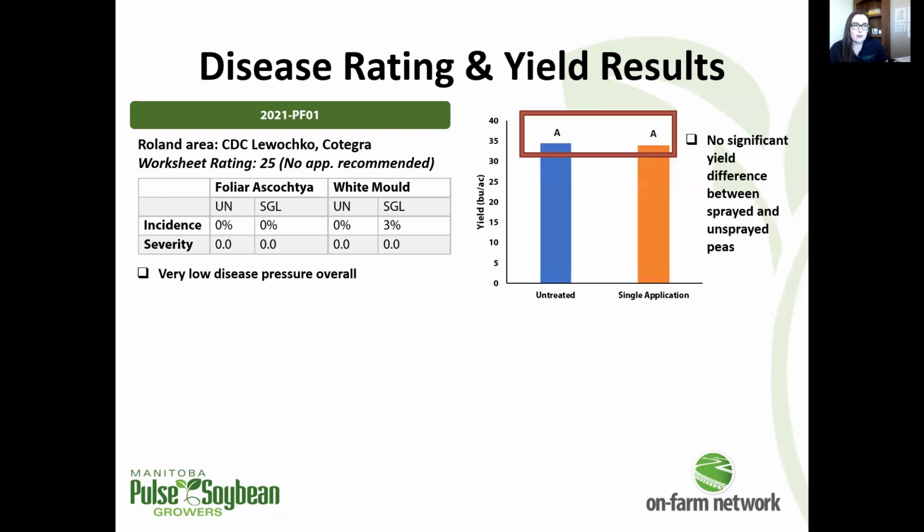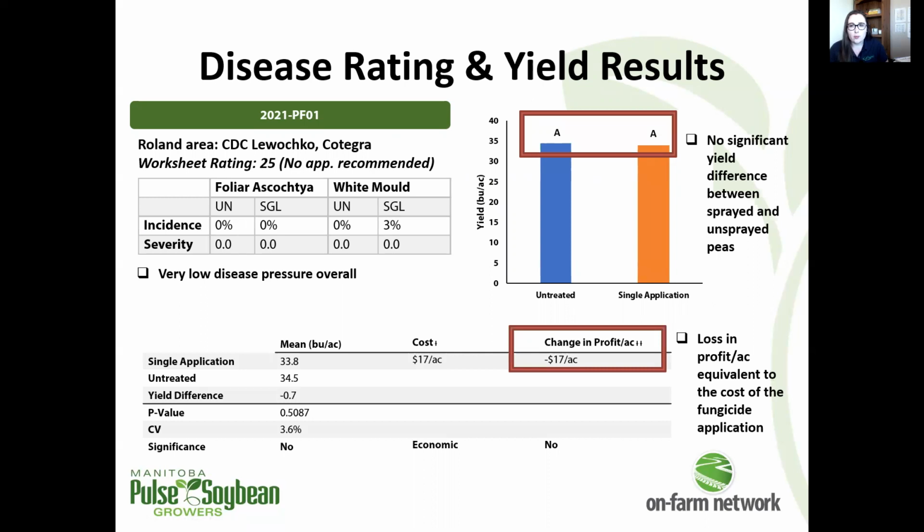So no surprise that we did not see a significant yield difference with and without fungicide application. And then, of course, we see a decrease in profit per acre associated with the increased cost of that fungicide application, because we're not getting that return on investment, so to speak, in our yield at the end of the season.